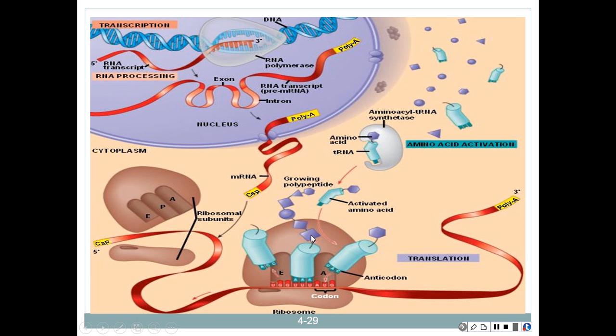So all we're doing here is just forming peptide bonds between amino acids from the coding of our nucleotides. This is all translation. Now the process is repeated by the sliding of this ribosome.